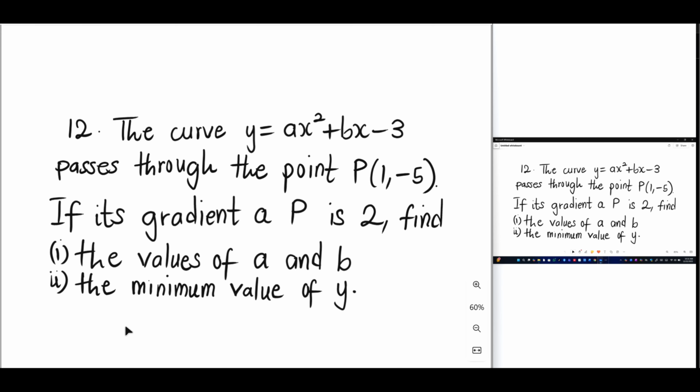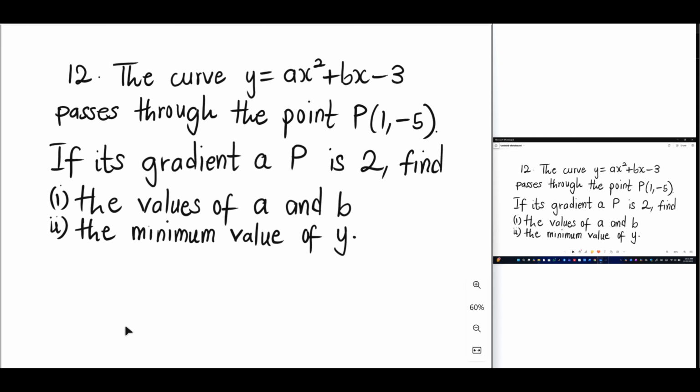Anytime we have a curve passing through a point, or a point on a curve, it implies that the point must satisfy the given curve. When we say the point must satisfy the given curve, it means that whenever you plug in the x and the y component, the left-hand side must be equal to the right-hand side.